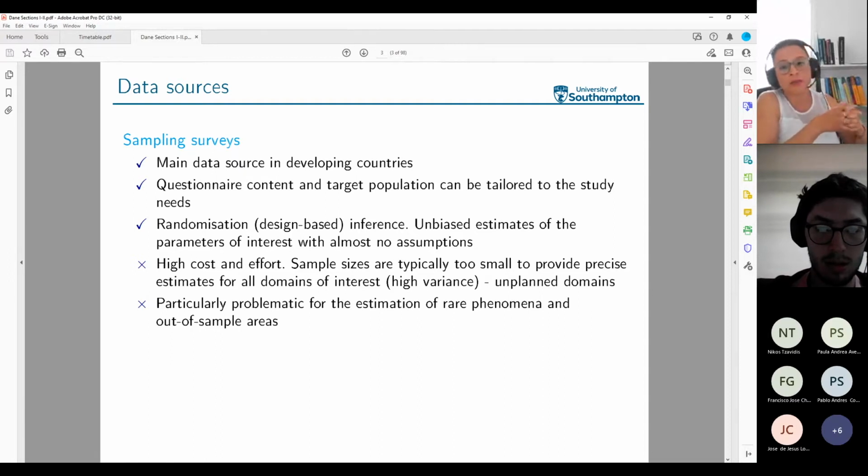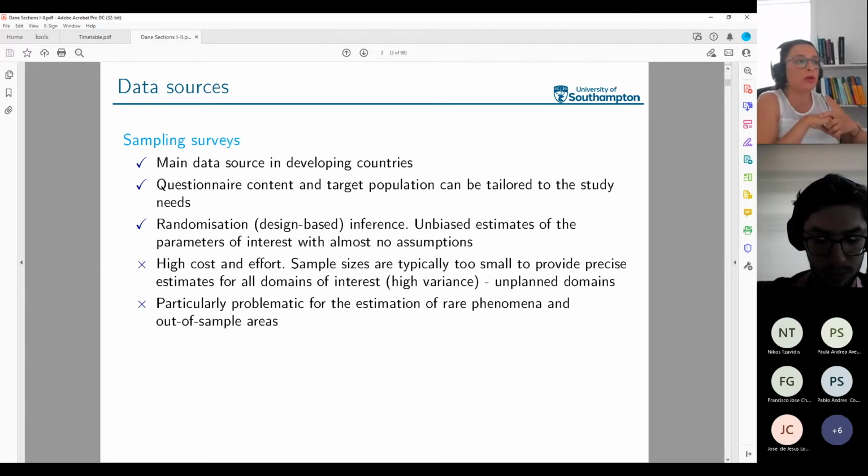Because of that, we end up being limited in terms of the sample size. We end up having a big limitation in the number of people, or the number of households, or the number of enterprises that we can visit. And because of the small sample sizes, providing precise estimates, particularly for small domains of interest, is problematic.